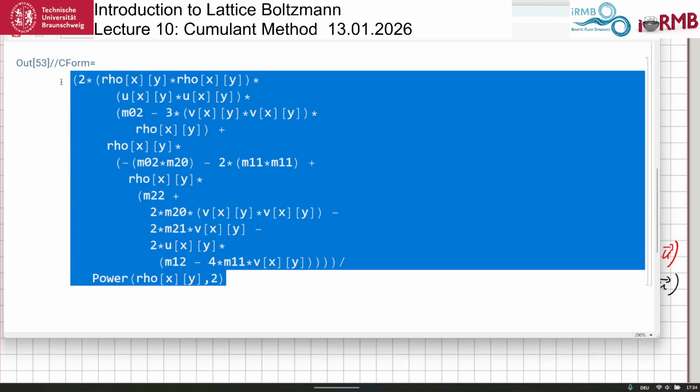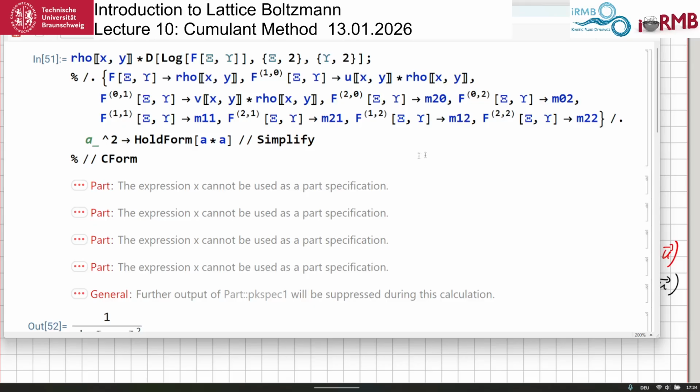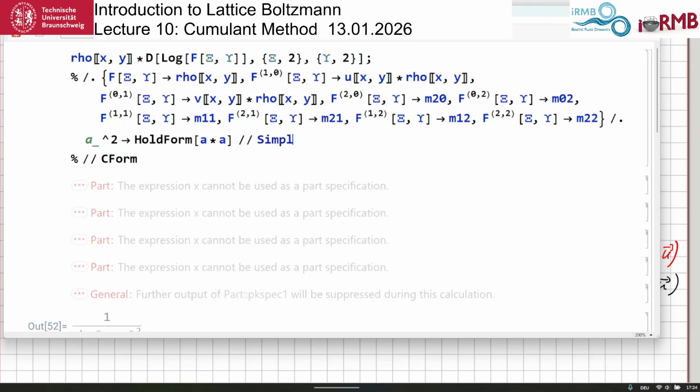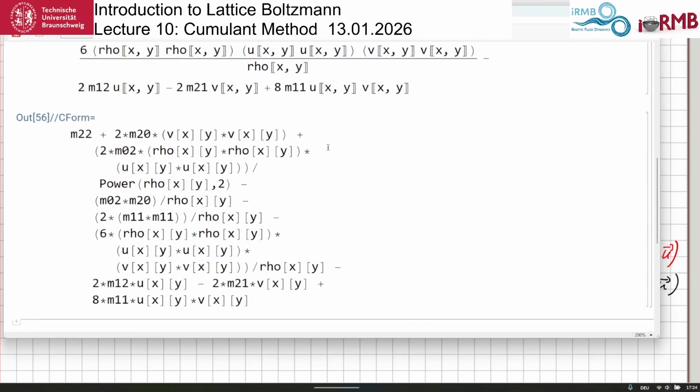So one thing really annoys me. So just different forms. What I would like is to have this in front, I'll tell you later why I want this, yeah?